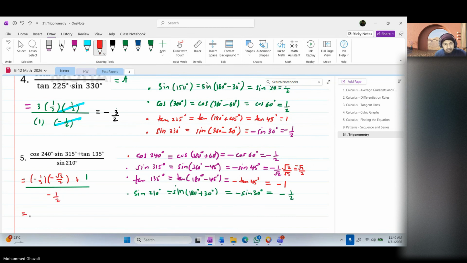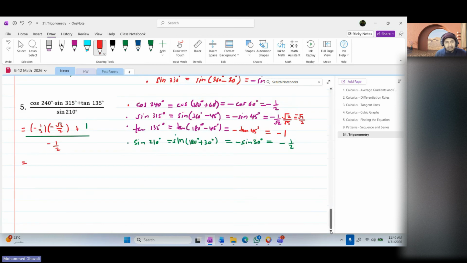Now, let's see what we have. Negative half times negative root 2 over 2 is just negative root 2 over 4, right? Plus, you can change the 1 into 4 over 4 because I'm doing the numerator first. We got LCD, which is 4 here, right?